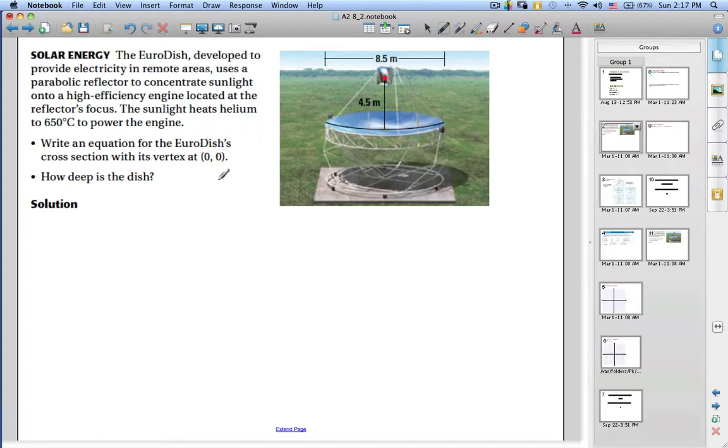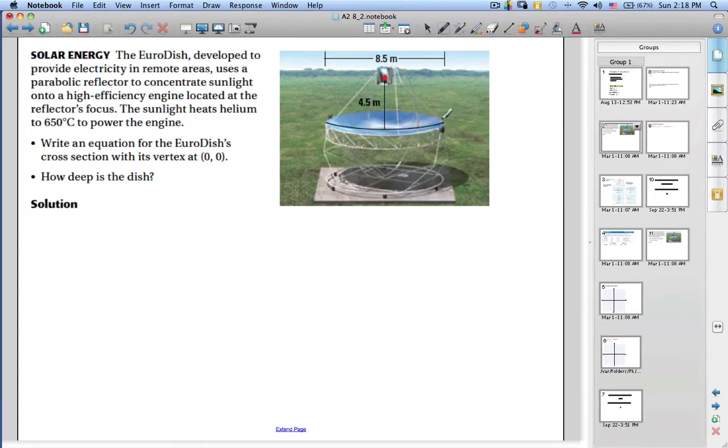So we might want to look at the depth of the dish, and write an equation for Eurodish's cross-section at its vertex, 0, 0. A cross-section, of course, would be if I took a slice of this, and if you look at this dish, a slice of this dish creates this parabola right here.